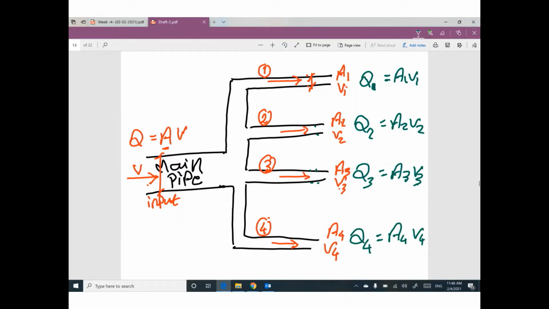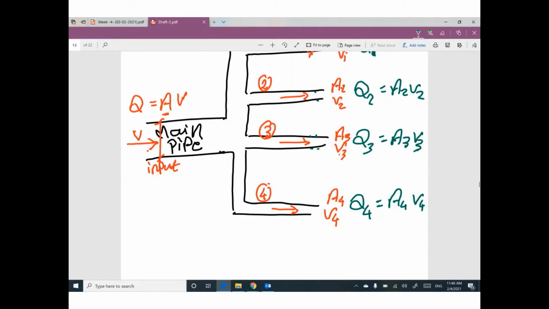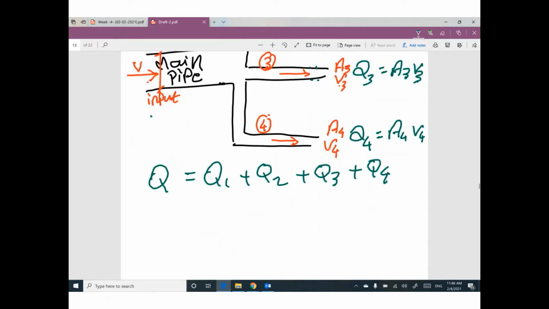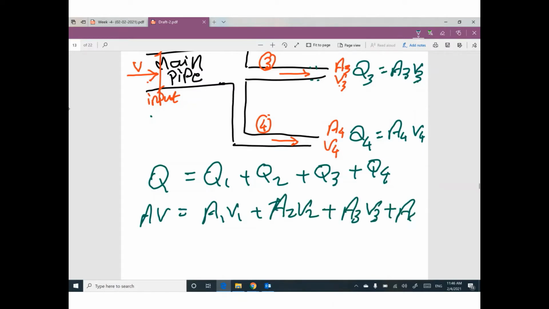Keep in mind, because the input must equal the output, the discharge in the main pipe must equal Q1 plus Q2 plus Q3 plus Q4. That makes sense? So area times V in the main pipe equals area 1 V1 plus area 2 V2 plus area 3 V3 plus area 4 V4.